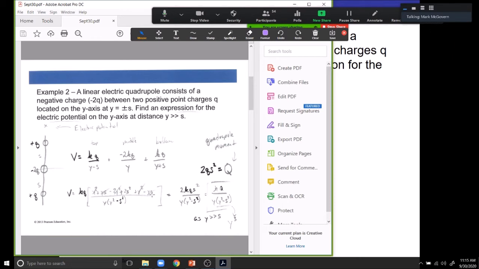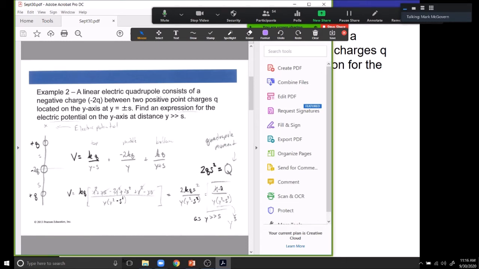That's the electric dipole, but we don't have a dipole here. In fact, when we simplify all this, we're left with a positive 2 s squared. And the 2s squared is another type of electric moment. It's a quadrupole moment. We define that as being 2q s squared. We have a capital Q here. Probably not the greatest choice for a letter, but that's what we got.